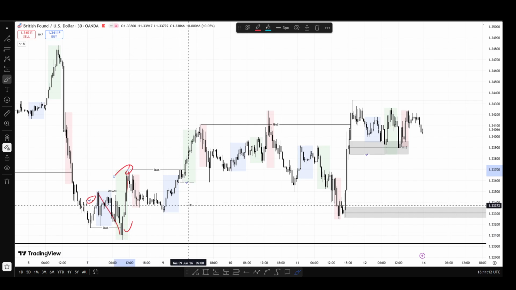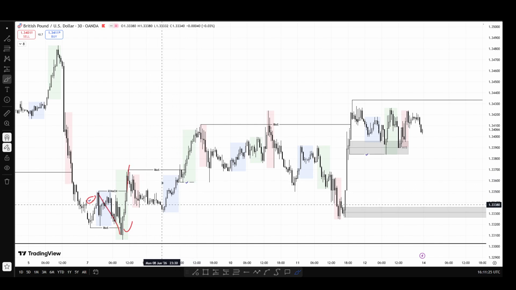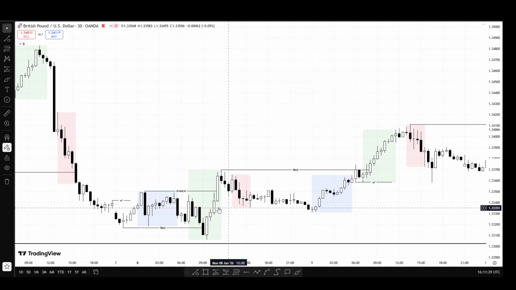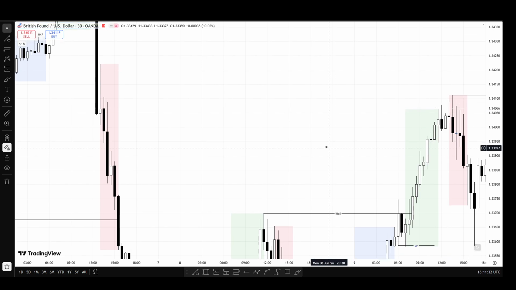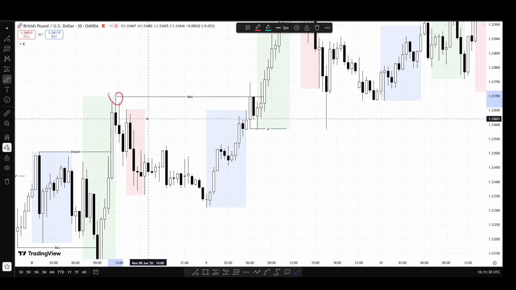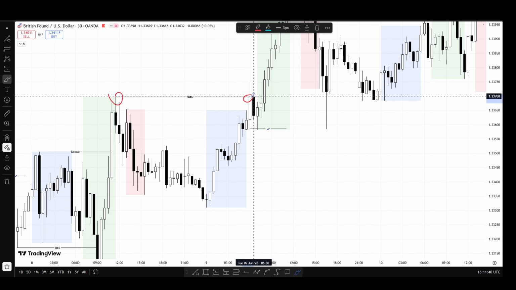Okay, so when you go down to the 15 minutes time frame, you can see that we had a sweep here. Okay, sorry. On the 15 minutes time frame, if you watch here closely on the 30 minutes time frame, so we had this high, and then this close here was the same high.